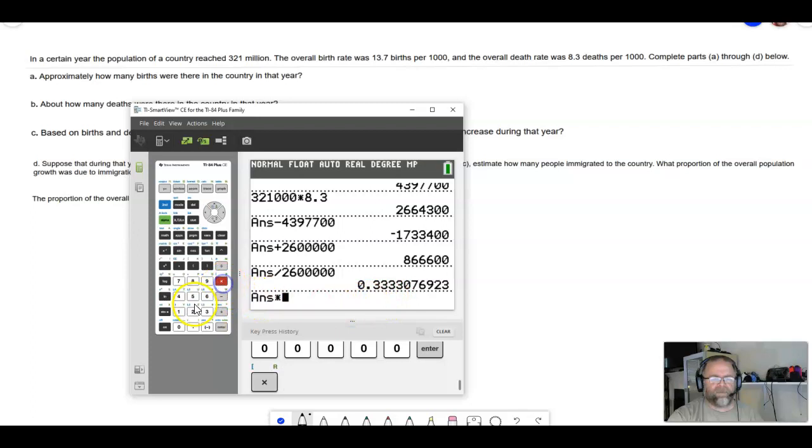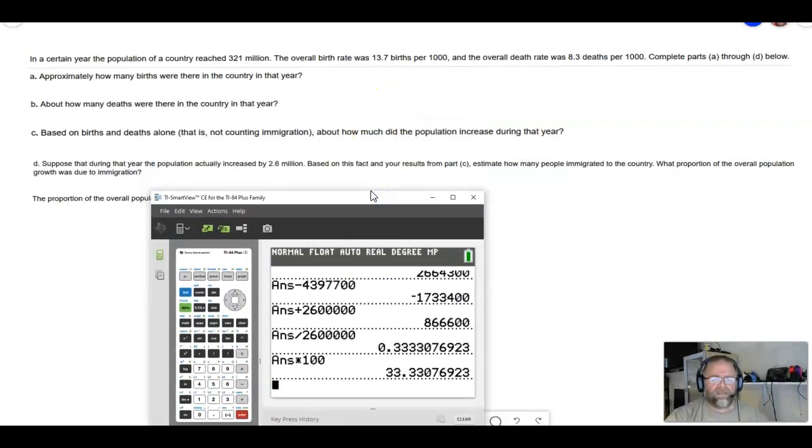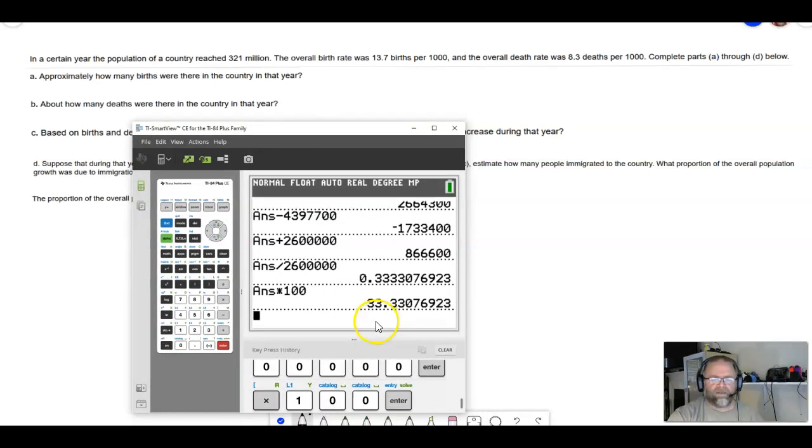So multiply that by 100 to convert that to a percentage, and round it to the nearest whole number. That is going to be about 33% of the new population growth just from the immigration. So that'd be 33%.